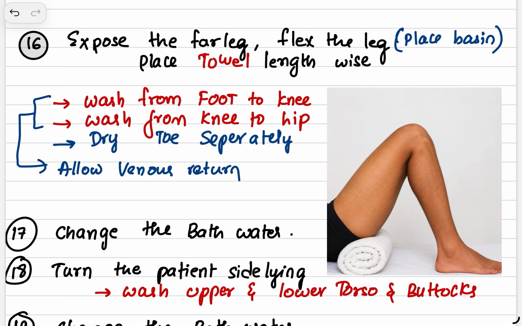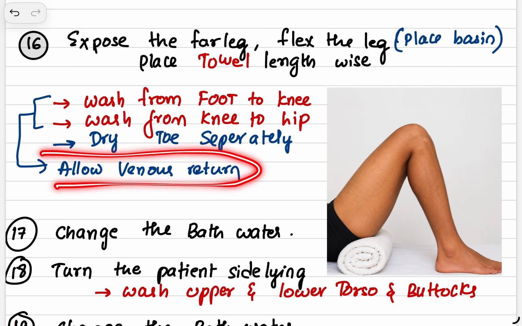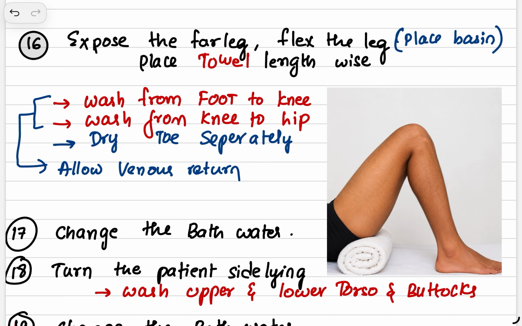Yes. So wash from the foot to the knee, and next wash from the knee to the hip. Clear? That means on the thigh part. So knee to hip you need to wash. Why do we have to do that? Because to allow the venous return, and later you need to wash the toes separately. Clear? And dry all the area that you have washed.